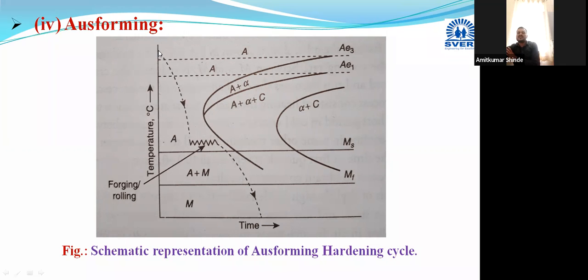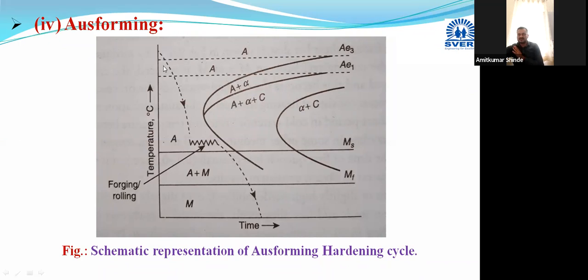Now, initially we will do fast cooling up to a temperature just below the nose temperature, in between the nose temperature and the MS temperature. Here in this region, we are performing a forging or rolling operation on that component.